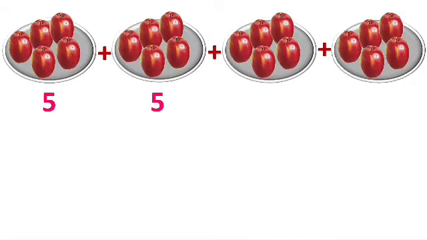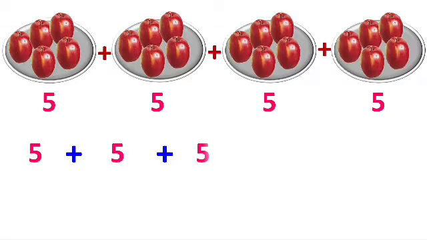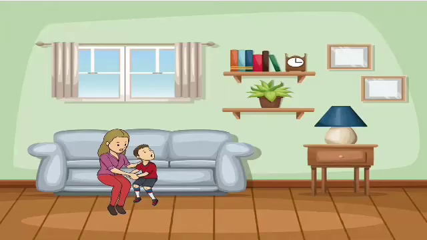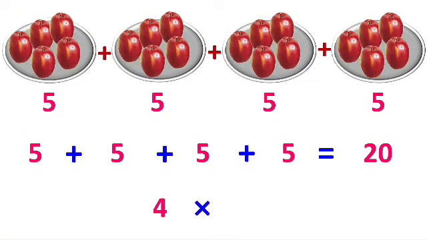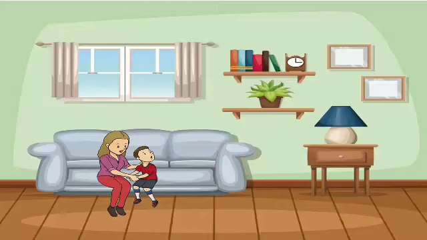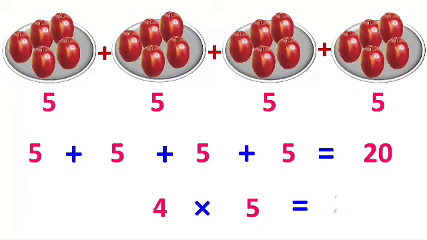Can you add it for me? 5 plus 5 plus 5 plus 5 is equal to 20. Yes, correct. Can you write it in multiplication? 4 into 5 is equal to 4 5s are 20.